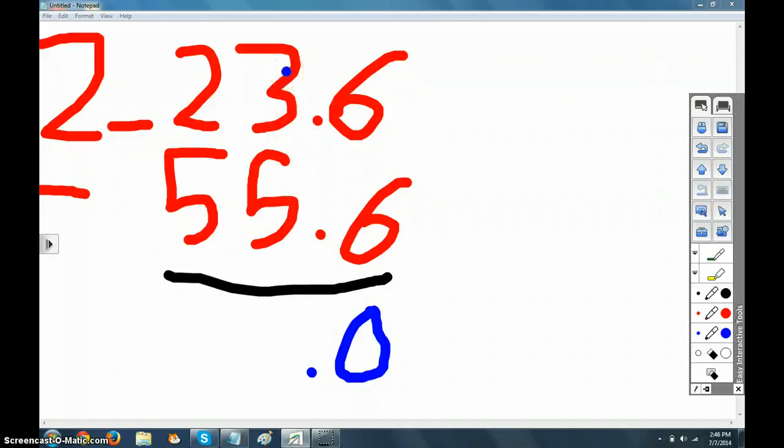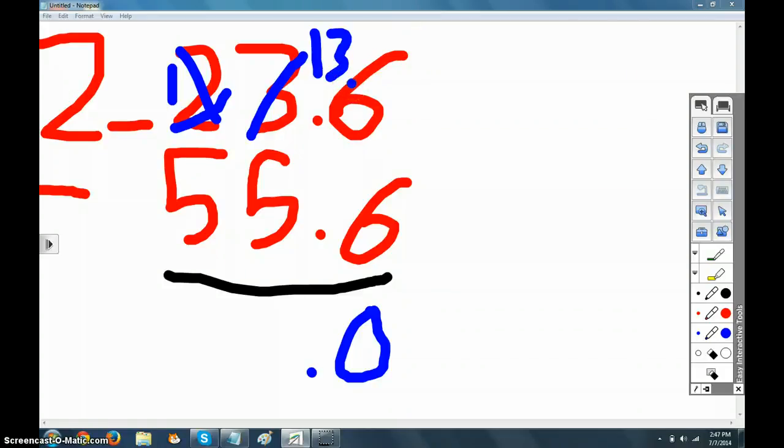3 minus 5. I can't do 3 minus 5, so we cross out the 3 and we cross out the 2. The 2 becomes 1 and the 3 becomes 13. Now 13 minus 5.